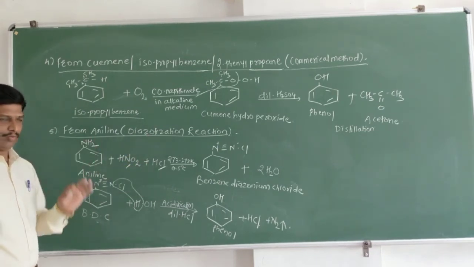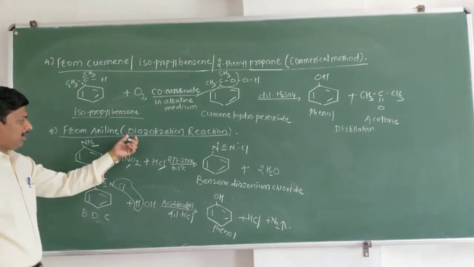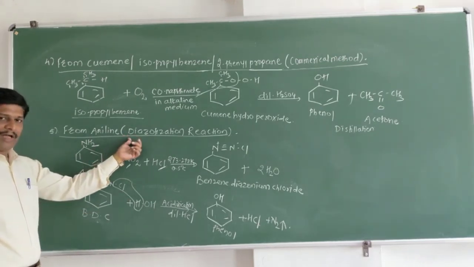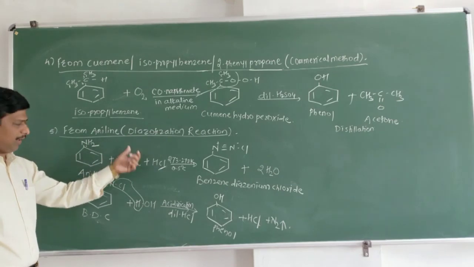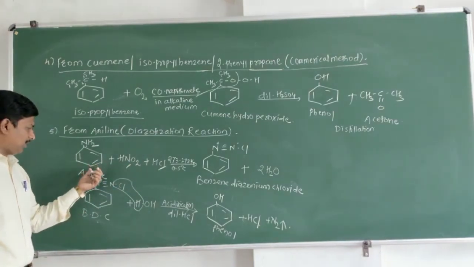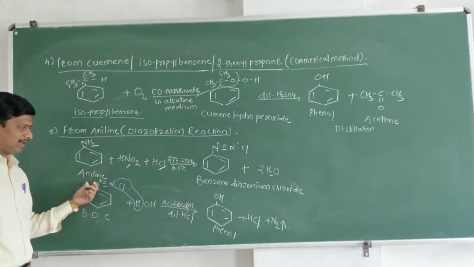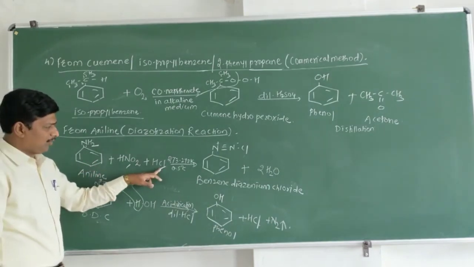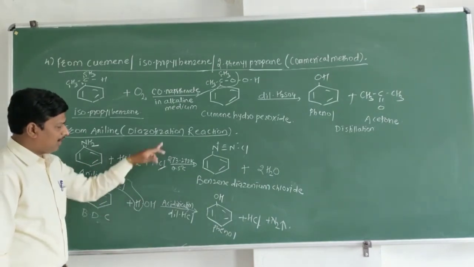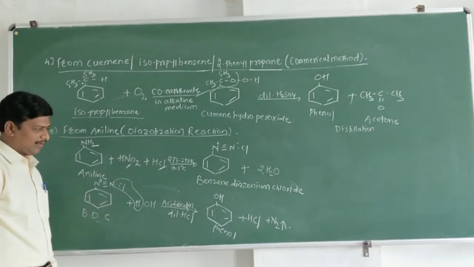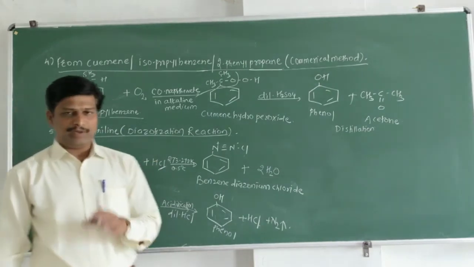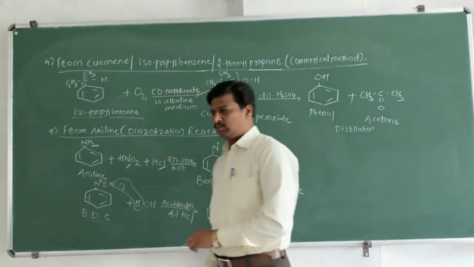Once again I would like to repeat: the replacement of the diazonium group, the N2 group, from the aromatic primary amine, from aniline, by the diazonium chloride is called the diazotization reaction. Okay, actually the definition of diazotization is not important.